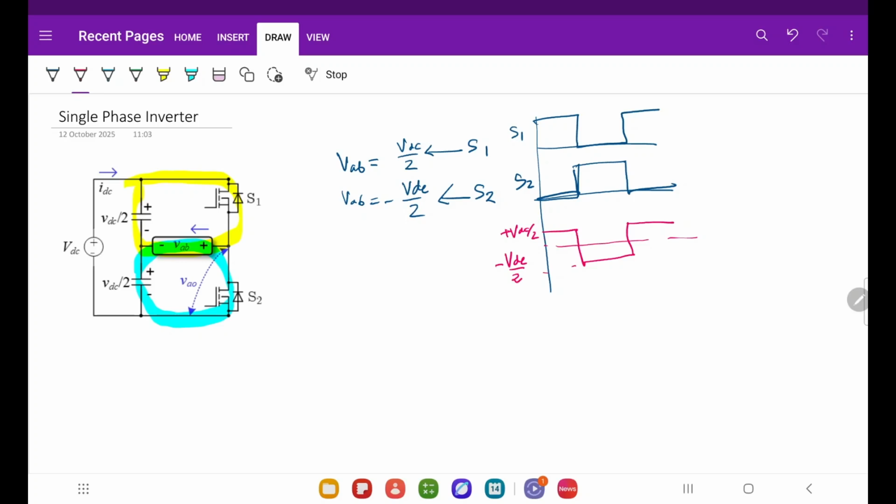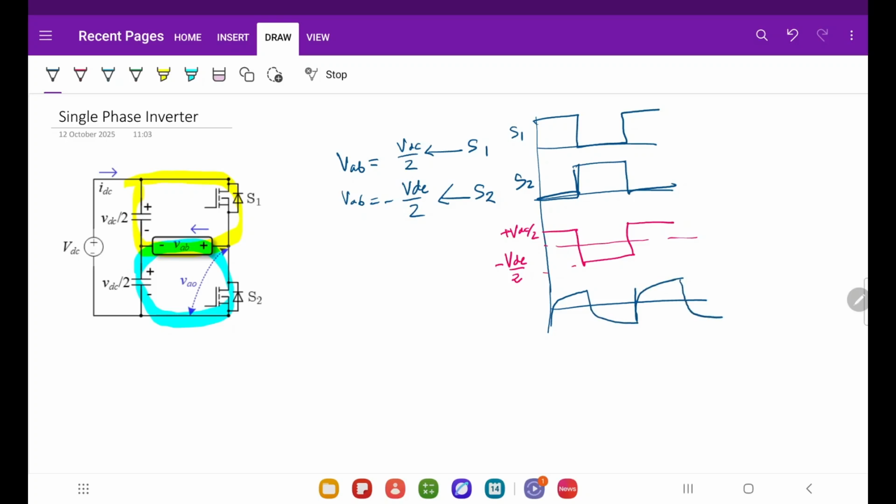So between these two voltage levels it will oscillate, and if it is an RL load, current will go like this. Let me draw this for you. This, then it will go like this, like this, like this.